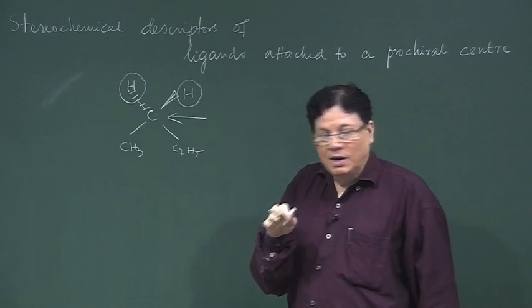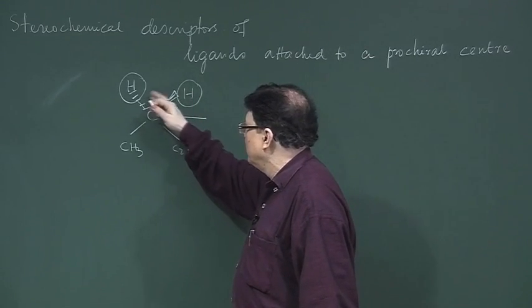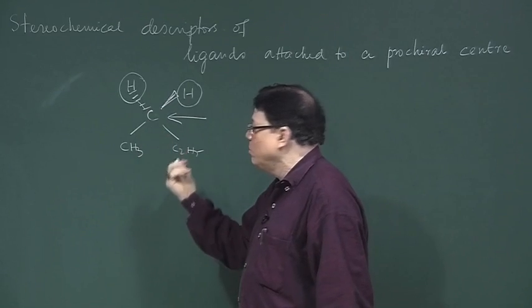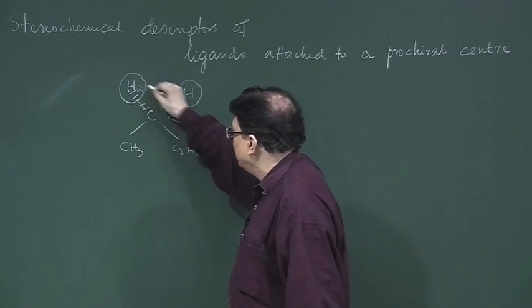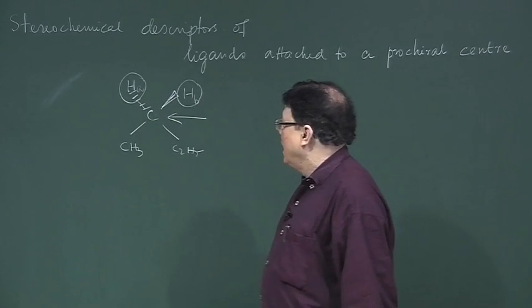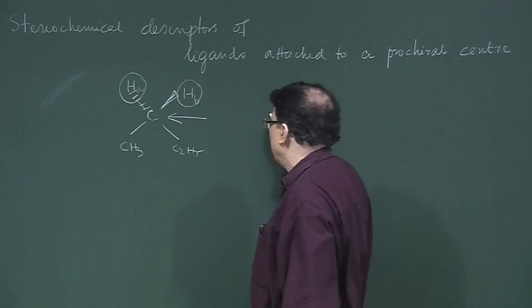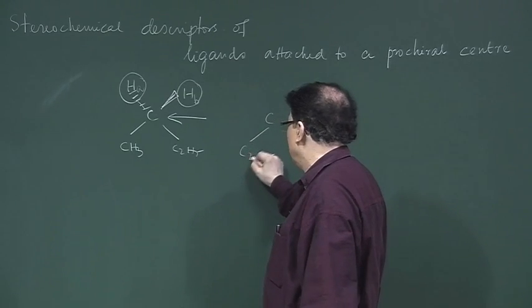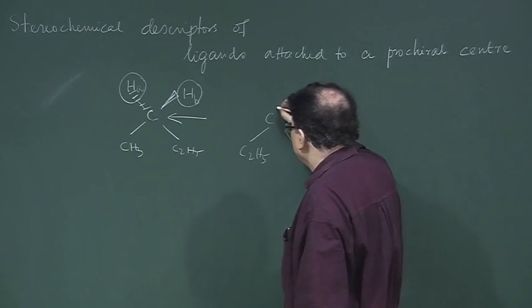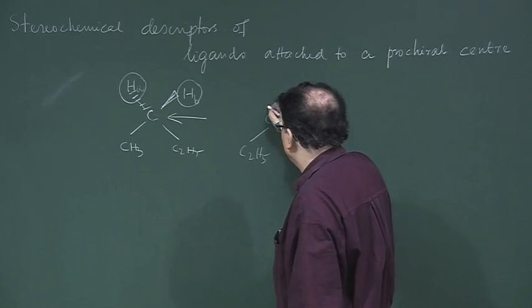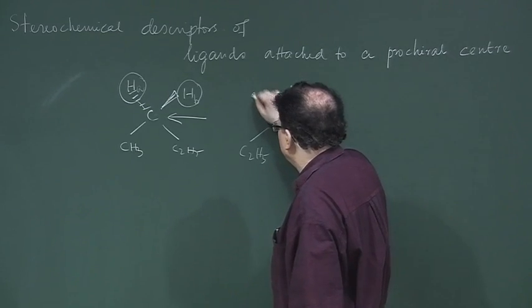We cannot just say this is the beta hydrogen, this is the alpha hydrogen, because this alpha beta depends on how you write it. I can always turn it around, and suppose this is HA and HB, and HB now looks beta, but if I rotate the molecule, write it in another fashion like C2H5 on this side and CH3 on this side, then HB becomes alpha and HA becomes beta.